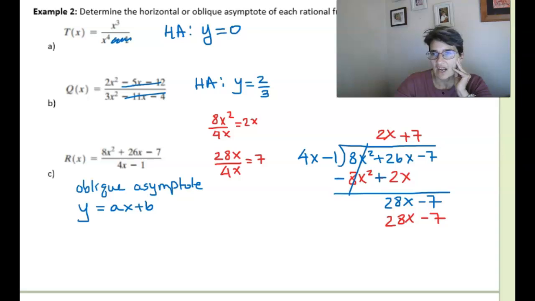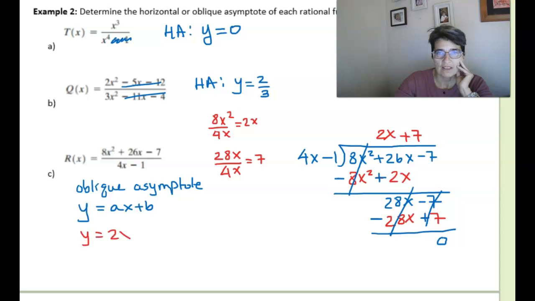Then we need to subtract. Minus a negative makes that plus. These cross out, this crosses out, and this gives you a remainder of 0. So this divided by that gives you the line y equals 2x plus 7. This is the equation of the oblique asymptote.